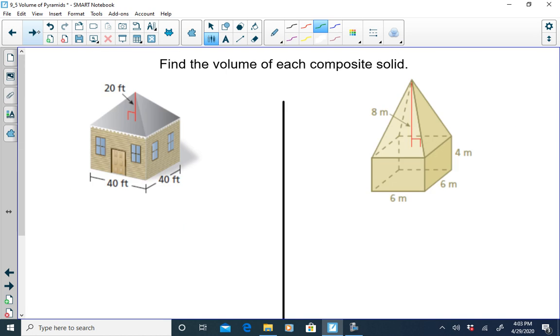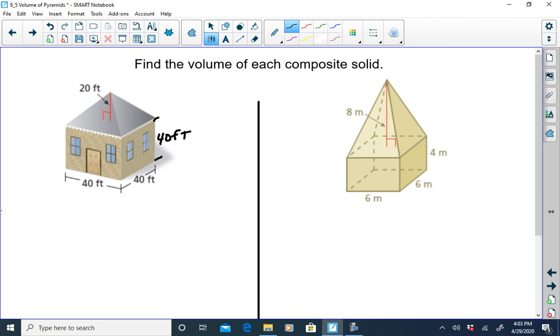Okay. Now we want to be able to find the volume of composite solids. And when we find the volume of composite solids, we have to find the volume of each of the figures that make up that solid. Now we're missing a measurement here, but we need to know that that measurement is also 40 feet. That should have been already listed in the picture.